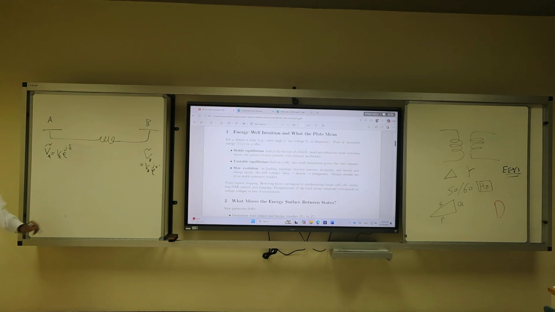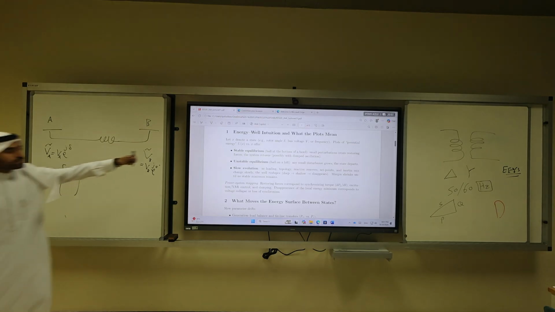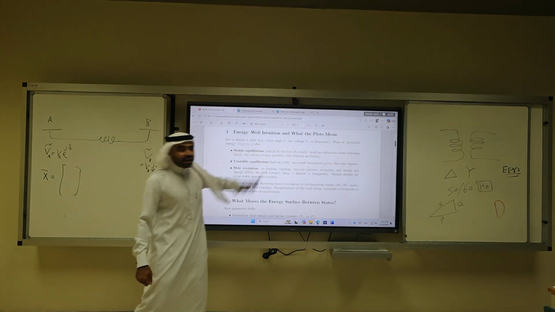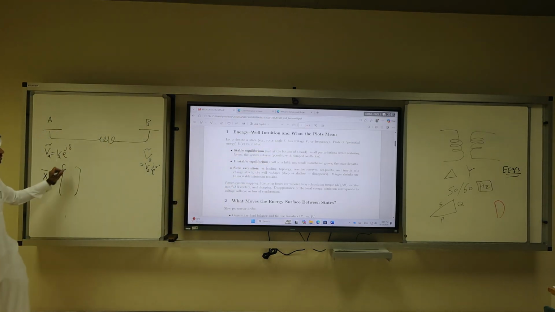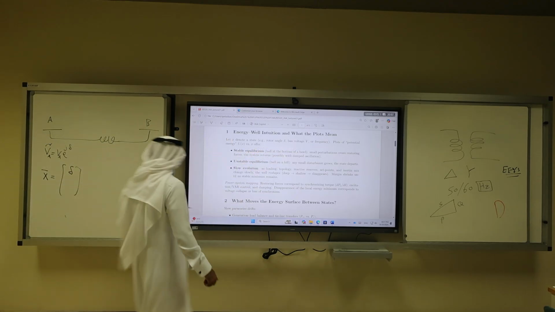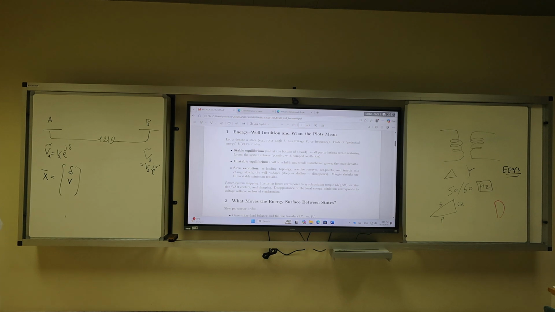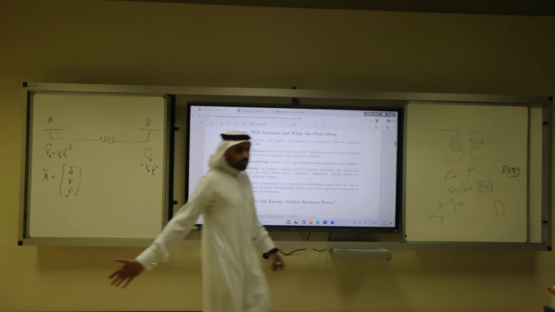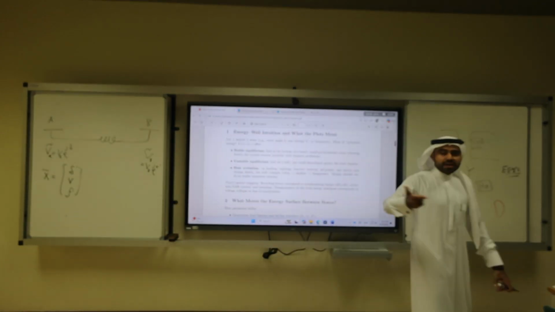So I can develop a vector X that has the rotor angle delta and the bus voltage V. Sometimes we throw in a frequency, but I'm not going to do it. That's another way. But why frequency?